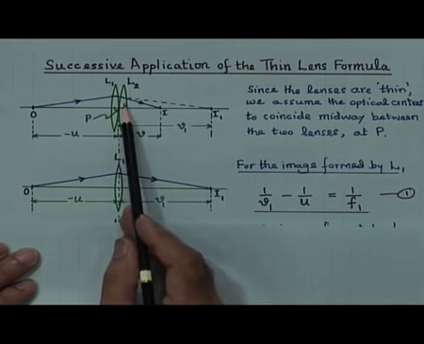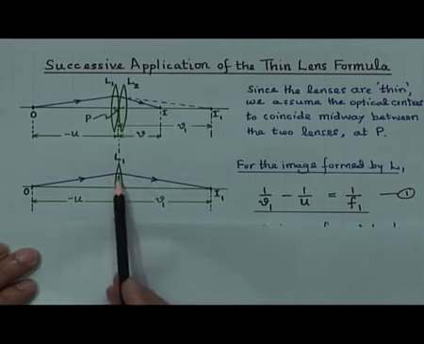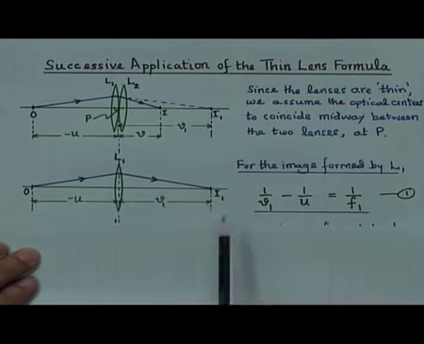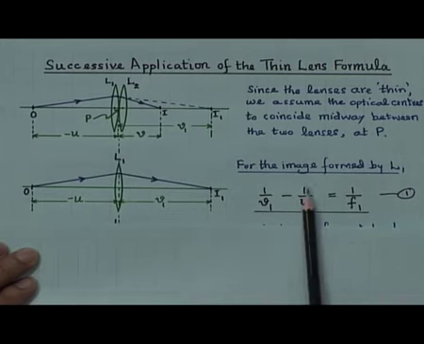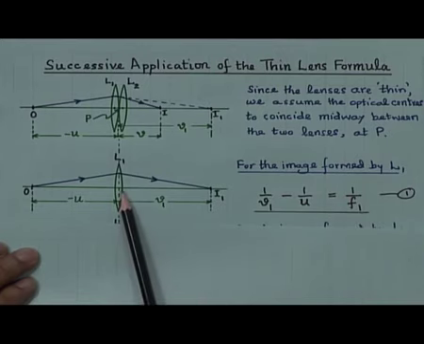When the second lens is not present, the first lens would have formed an image at the point I1 at an image distance V1. And we know the thin lens formula, 1 by V1 minus 1 by u, where u is the object distance, is equal to 1 by f1, where f1 is the focal length of the first lens.